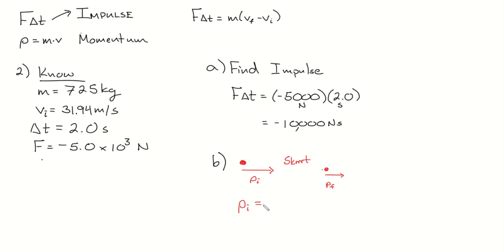What did you guys get? Or let's just do it. What's the mass of this car? 725. That's my mass. What's the initial velocity? 31.94. And you should have the same value here in just a second.